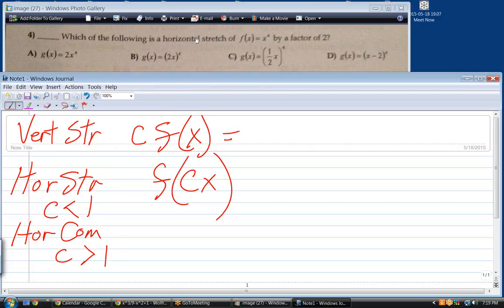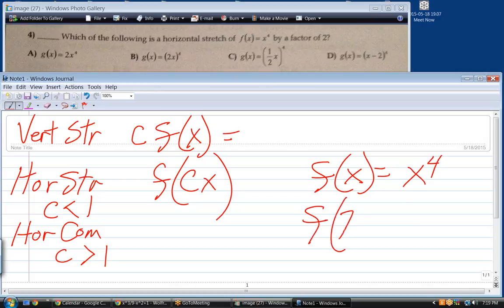So they're looking for a horizontal stretch of this function by a factor of 2. Well, if f of x equals x to the 4th, if I want to stretch it by a factor of 2, I'm going to figure out what f of 2x is. What's f of 2x?